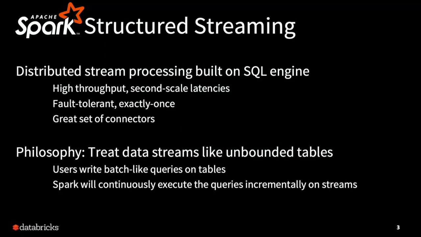So streams are nothing but essentially unbounded tables. And you as a user or developer write batch-like queries on tables, and it's the Spark Structured Streaming engine's job to take your batch-like query and run it continuously and incrementally on streaming data as new data comes into the system.